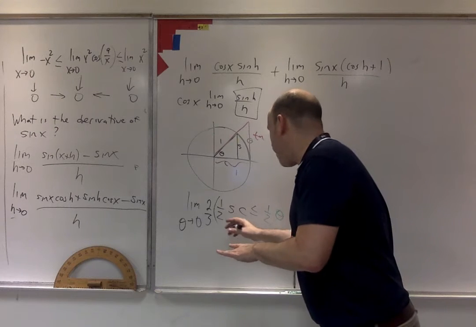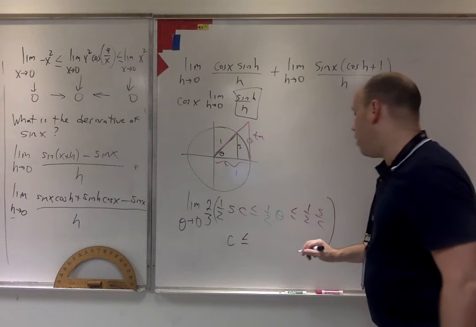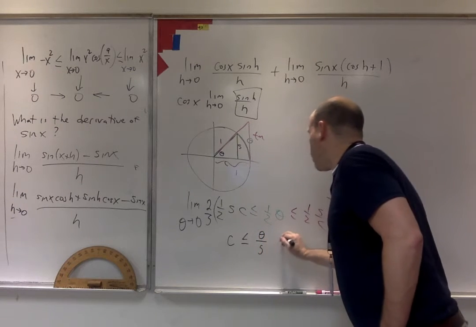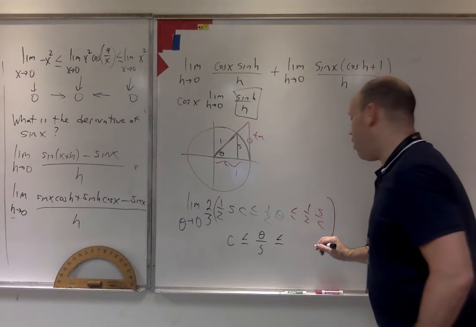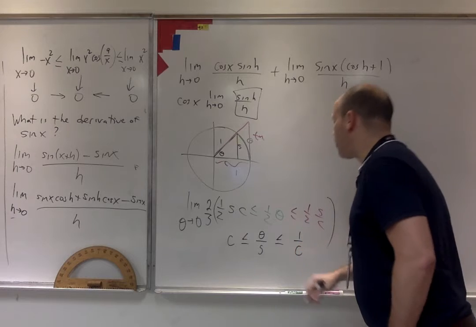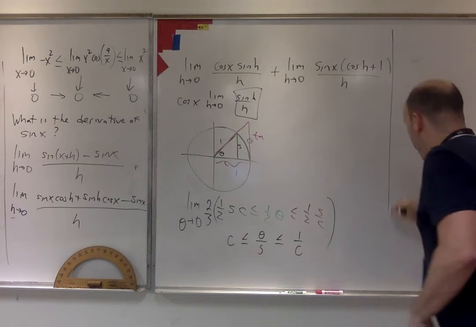So what do we have here? We have cosine is less than or equal to theta over sine, which is less than or equal to 1 over cosine, right?